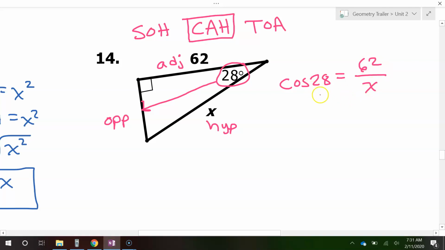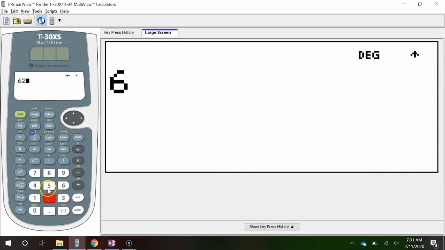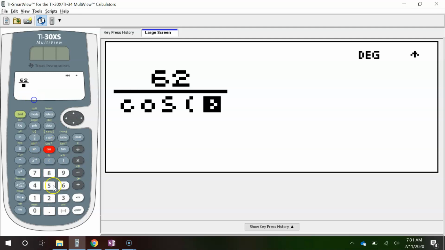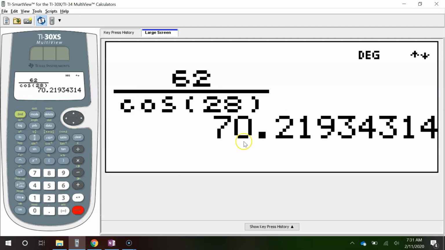When the variable is in the denominator, this is when you swap. So we're going to have x equals 62 over the cosine of 28. And then you can just put this in your calculator. 62 over the cosine of 28, so that's 70.219.